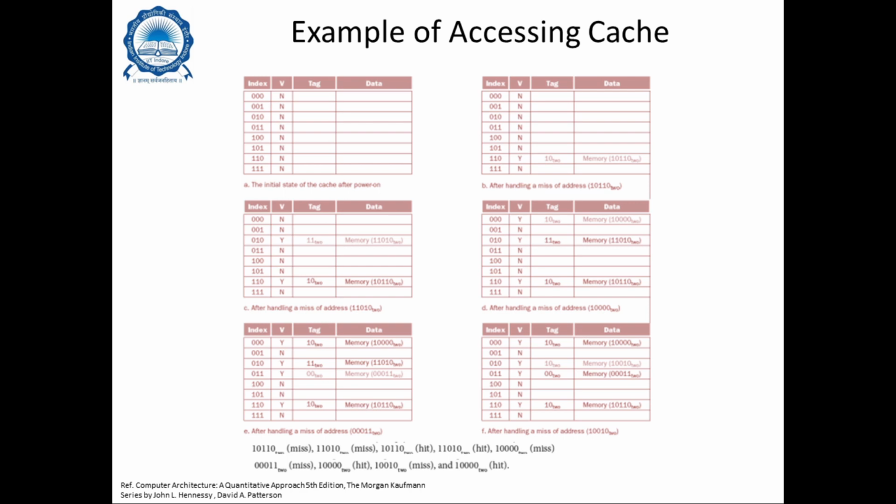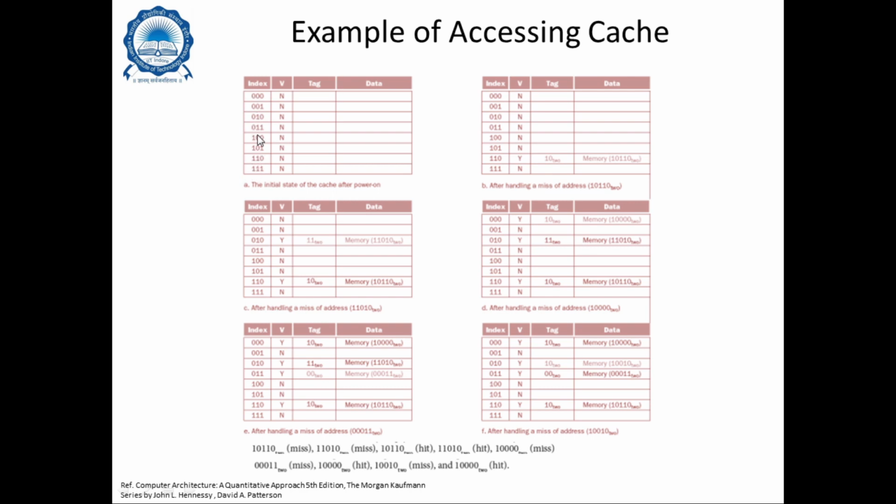So for example, if you have a memory reference of 01101, you see that reference right at the bottom here. For that, the assigned cache block or index will be 011, because of the lower order 3 bits. It's a cache with 8 entries, 0 1 2 3 4 5 6 7.